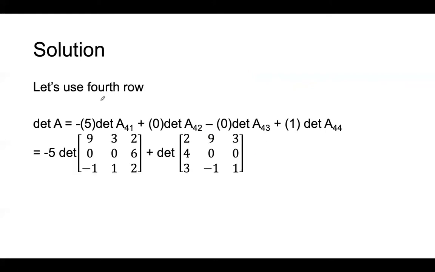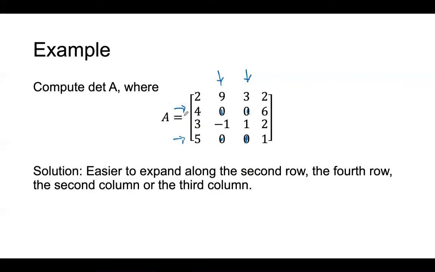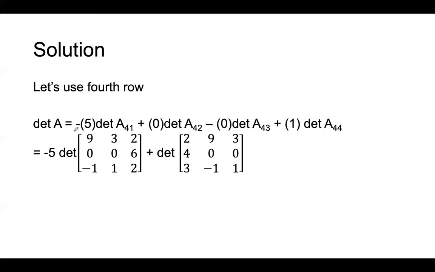So we could use the fourth row, or you could use the second row. There's nothing special. This one is positive, negative, positive, negative. So this would be -5. So -5 times the determinant of that submatrix.